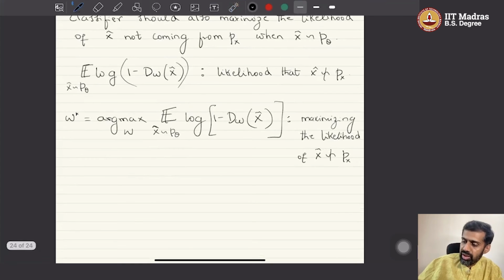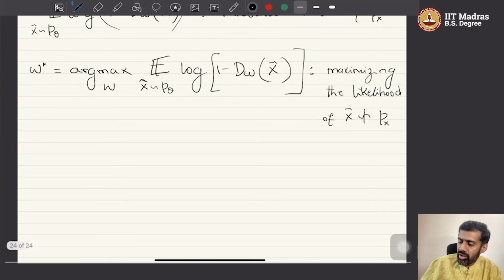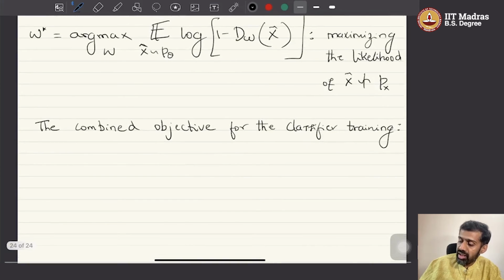So the final combined objective for the classifier training is as follows. What do we need?